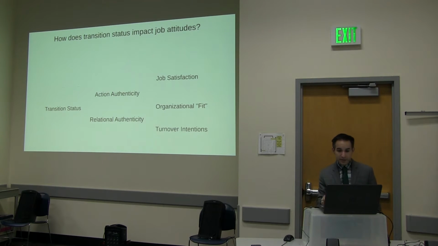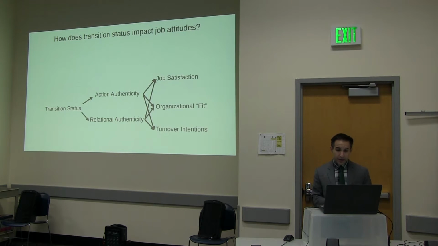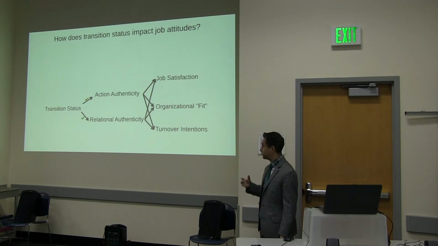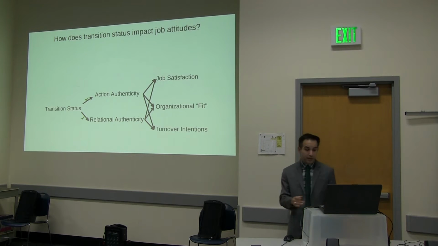So we tested both of these using structural equation modeling, and found that both of them are related. The first part is that if you transition, then you are feeling more authentic in the way that you're acting, and you're also feeling like other people are treating you more authentically.